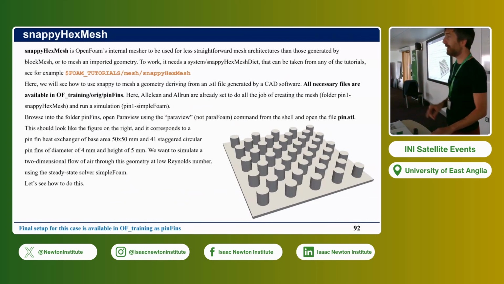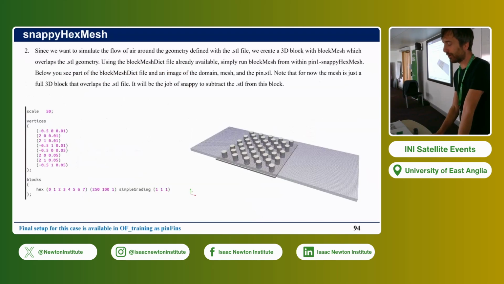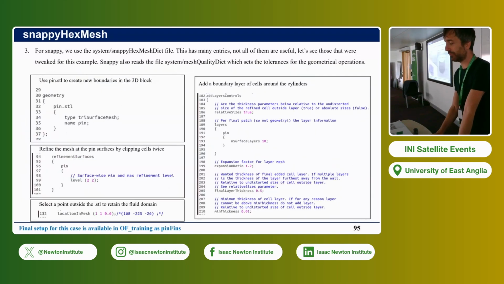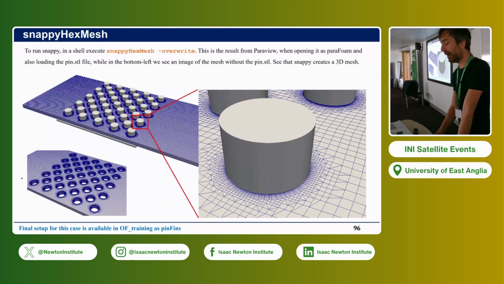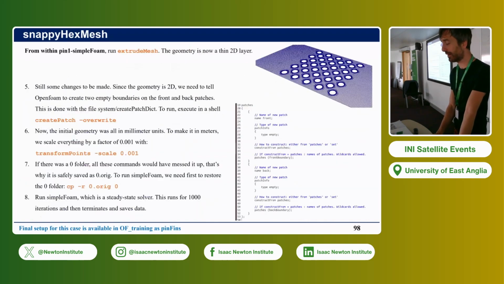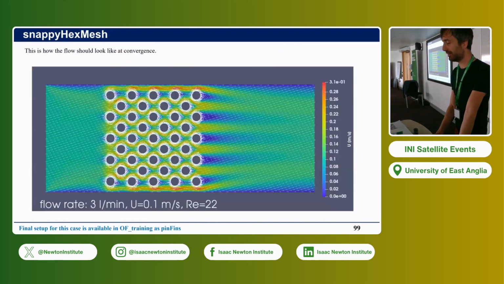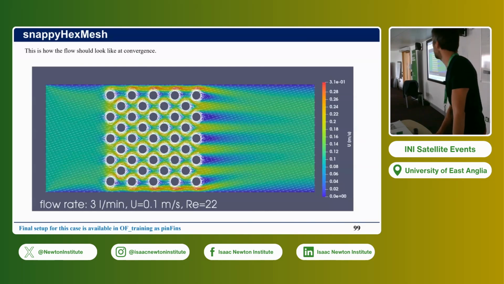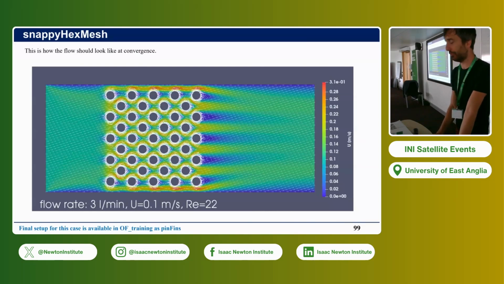The surface is made in, I think, a CAD software, exported as an STL file, and it's available in the tutorial. The tutorial will show you how to make a two-dimensional simulation starting from this initial three-dimensional surface. Of course, you can also make a three-dimensional simulation if you want, but the tutorial is just about how to get this two-dimensional simulation of fluid flow through these obstacles.